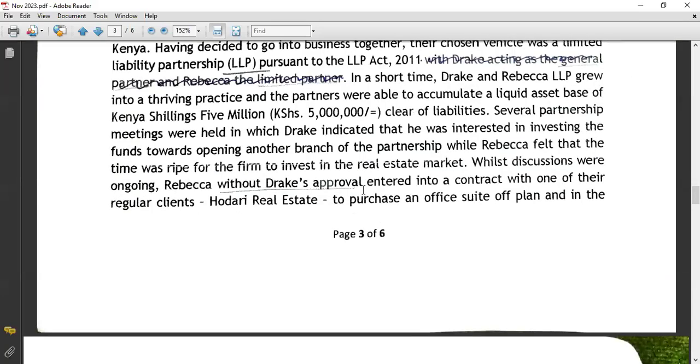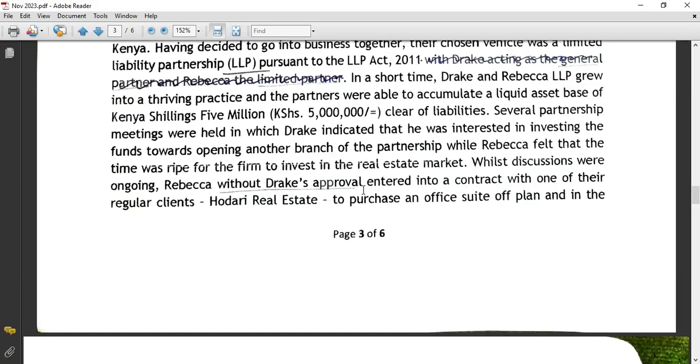Several partnership meetings were held in which Drake indicated that he was interested in investing the funds towards opening another branch of the partnership, while Rebecca felt that they wanted to get into real estate. So what appears is that they've had several meetings and they never came to a meeting of minds.